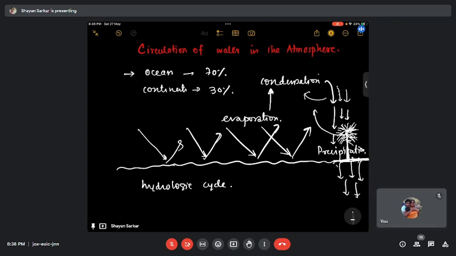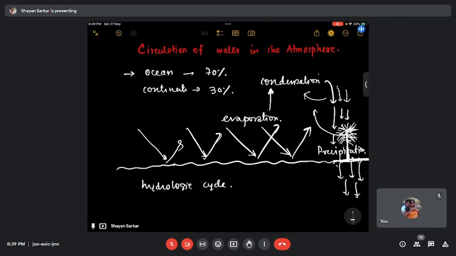And what the vegetations are doing, they are absorbing water or moisture with the help of their root system, and they store it in their leaves, and they also remove this amount of water through the porous spaces of the leaves.